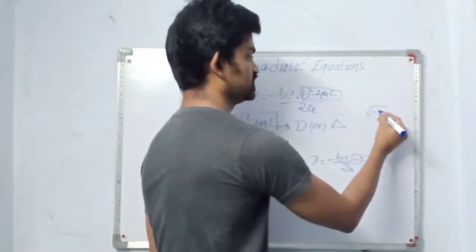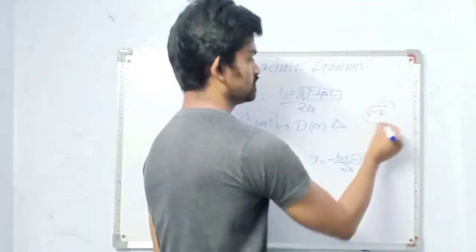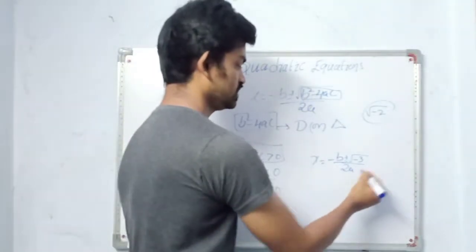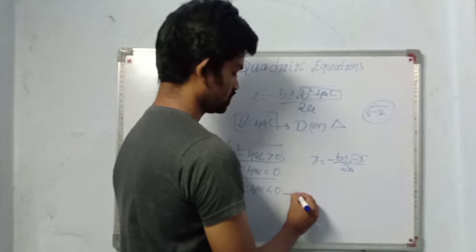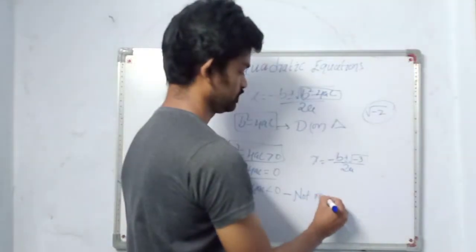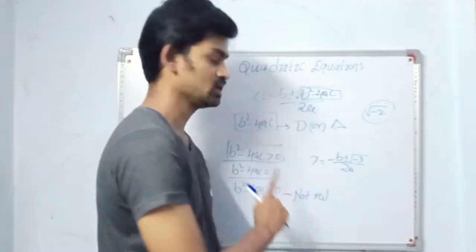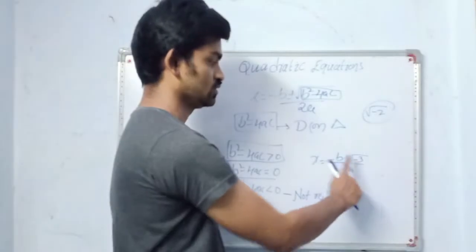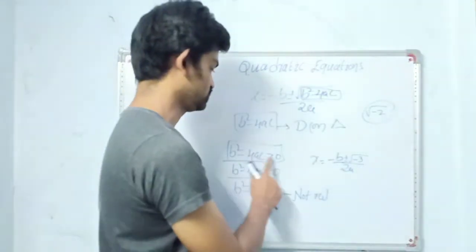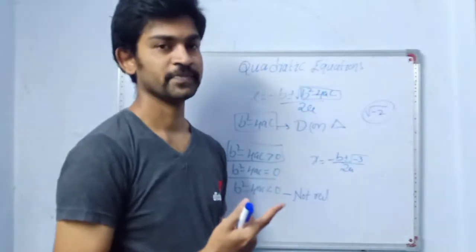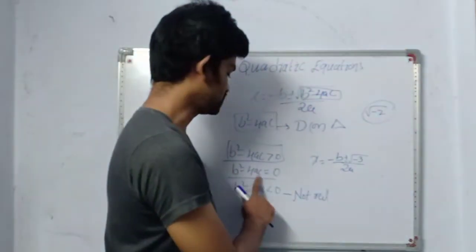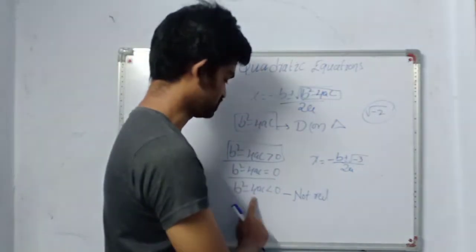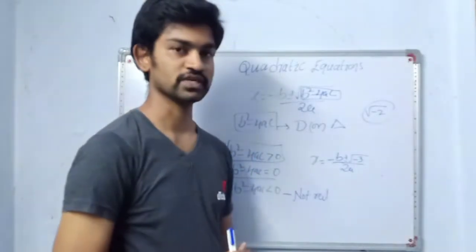Any value with a negative sign under the root becomes an imaginary number. So in the third case, roots are not real. When b square minus 4ac is greater than 0, roots are real. When it equals 0, roots are equal. When it is less than 0, roots are not real.